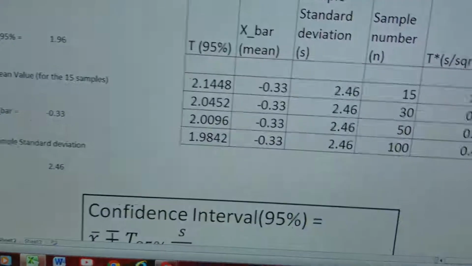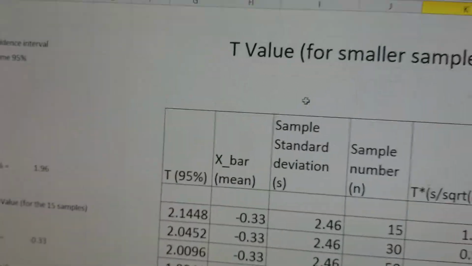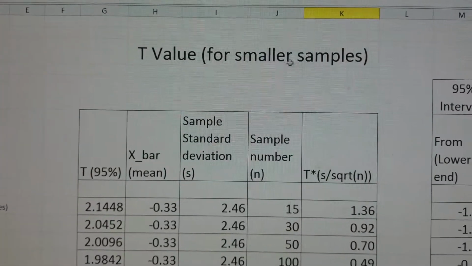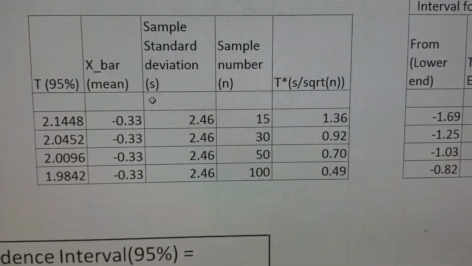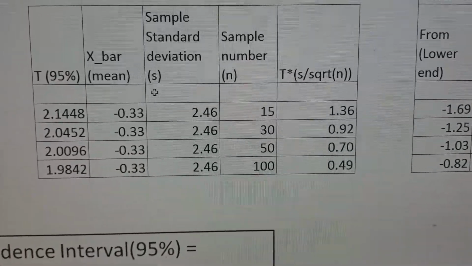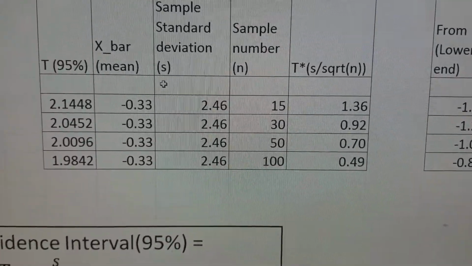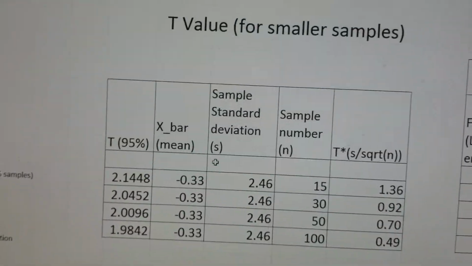So now if we take a look over here, we're going to do the same thing but with a t value for smaller samples. Usually you would use the t value instead of z based on what they tell you, but I would say around 50 would be a good number. So if you have anything under 50, you would use a t value.